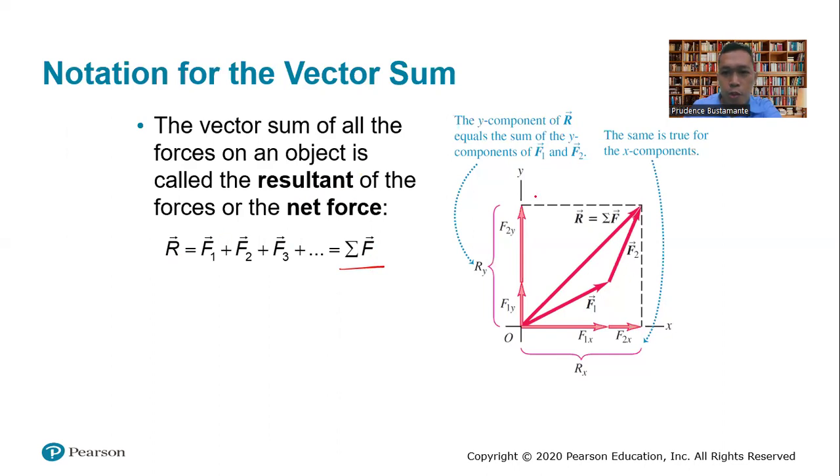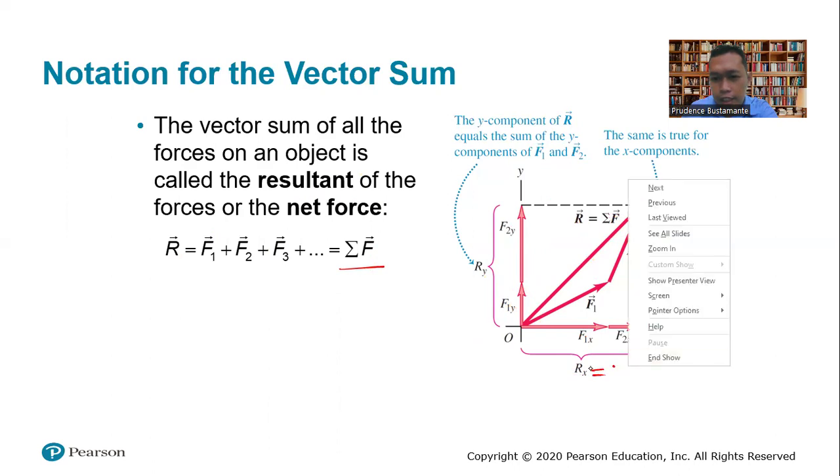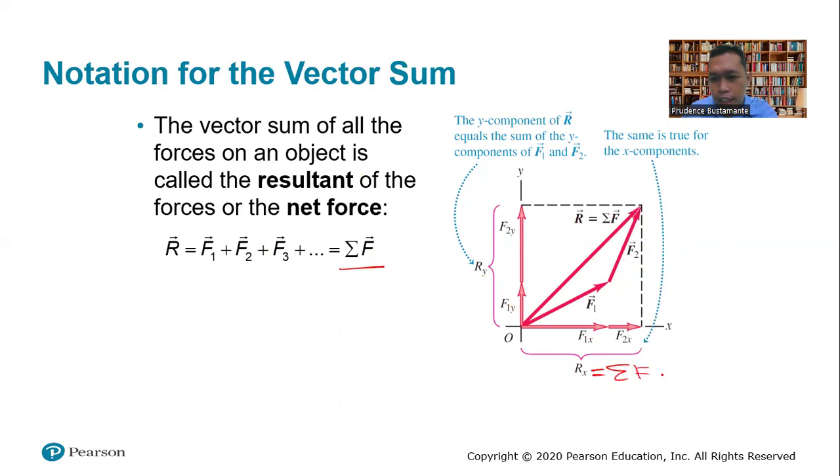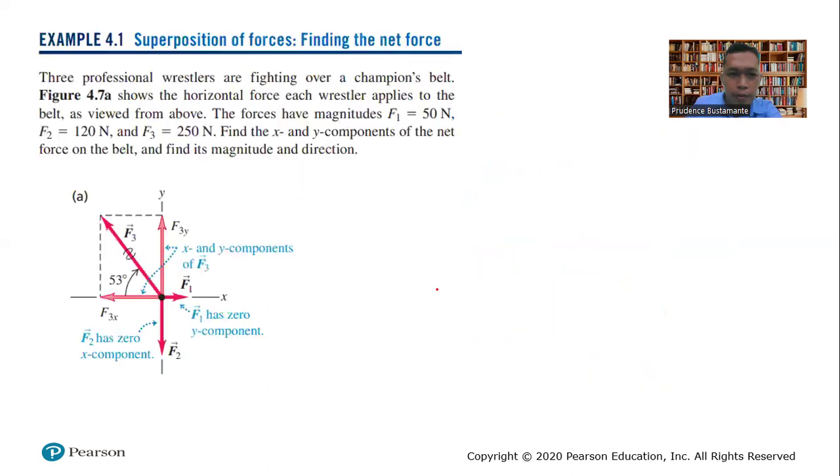Kaning net force, for example, naay duha ka force F1 plus F2, gitawag na nato nga net force. Usually atong gisulat is F of x, the net force along x, and the net force along y, instead of R. Mao na ni ang bag-ong notation for the vector sum. Para masabtan gyud nato ni, atong example.